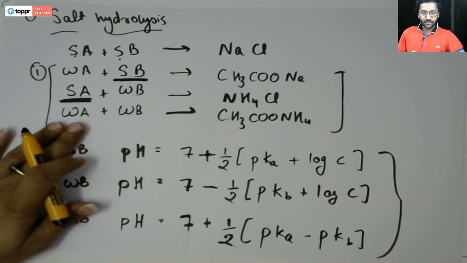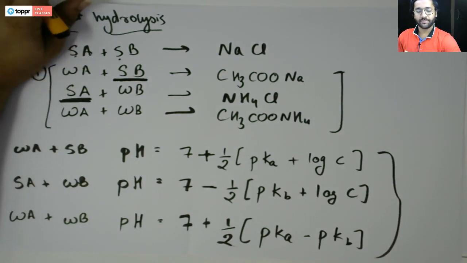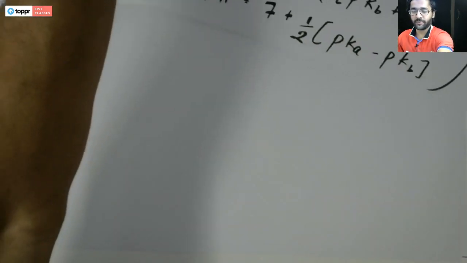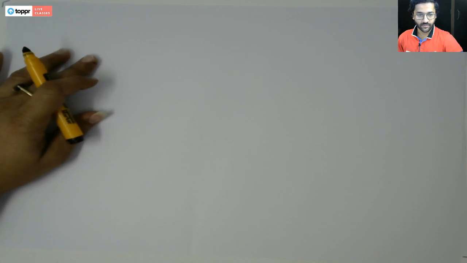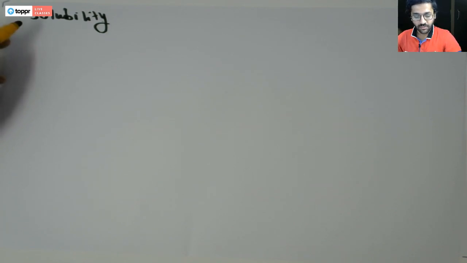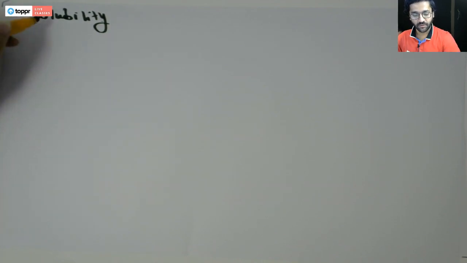Alright, now another thing that is important for understanding in ionic equilibrium is solubility. When I talk about the solubility of a substance, it has many applications also.